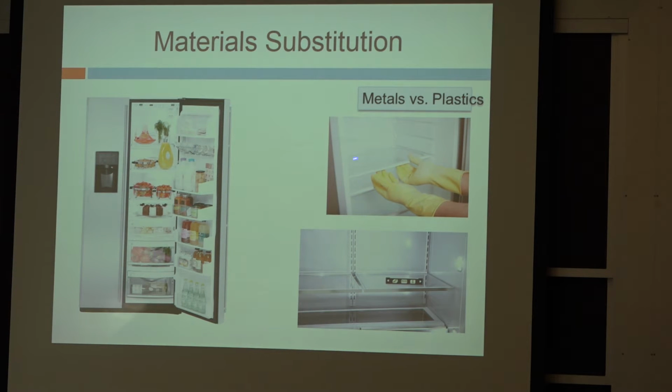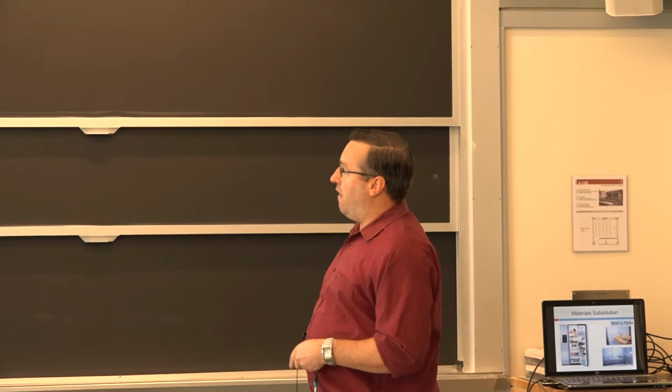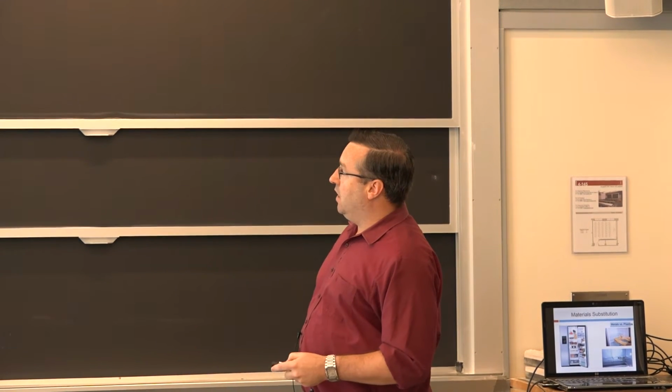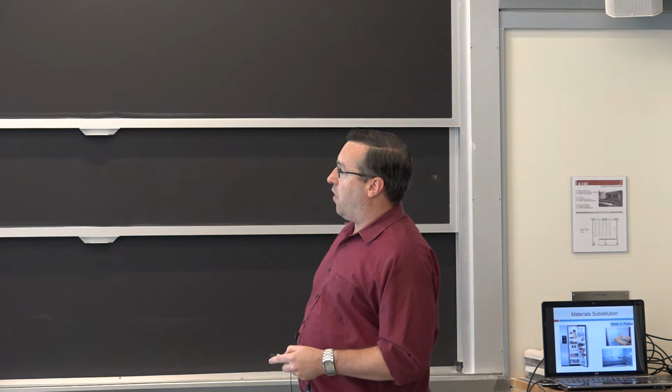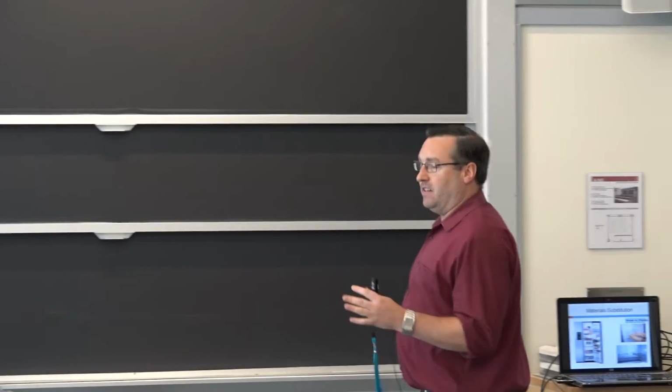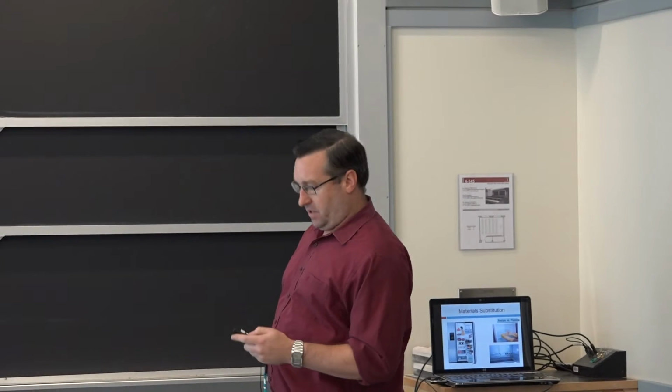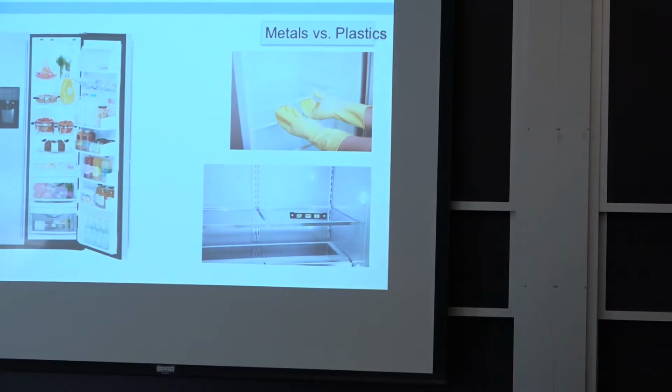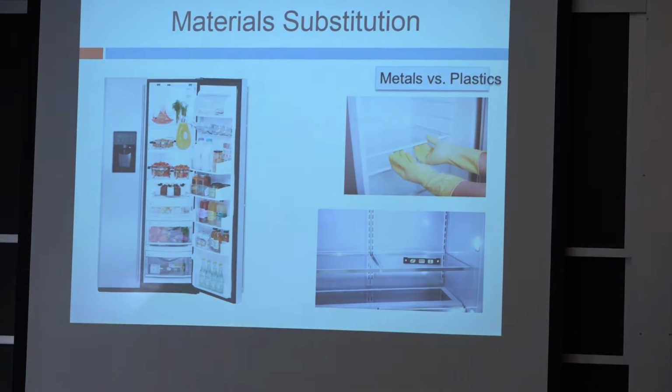What was overlooked in this case was that when you join dissimilar materials together, you're going to create stress concentrations. In this case, the plastic is joined to the metal, and these things are expanding, or cooling and contracting, at different rates in service, and you're getting cracks over time. So this was an issue with the substitution in a refrigerator.